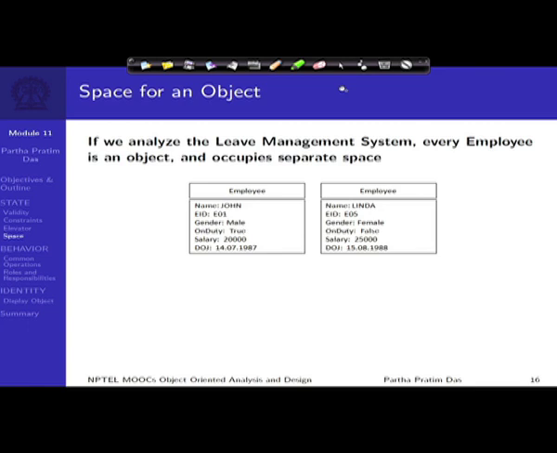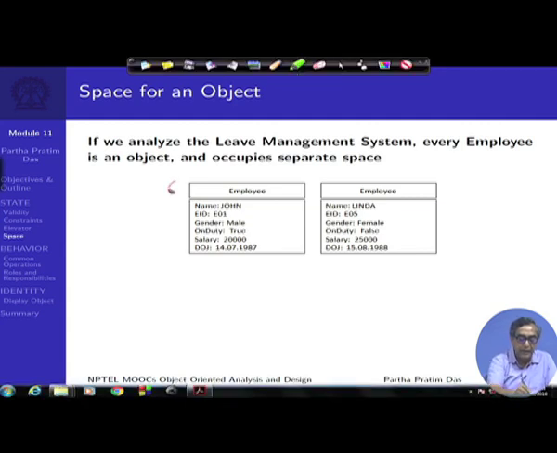So, if we look at some simple example, talk about our leave management system, then every employee is an object and will occupy separate space. Now, naturally physical employees of course will occupy space, but their object representations, as in here I have one employee, here I have another employee, John and Linda are two employees, will be represented in computer memory with all these values, and they will take up physical space for that.